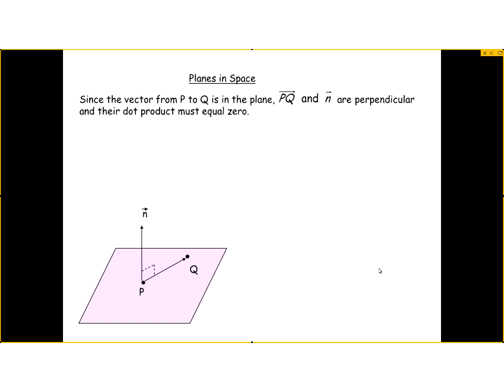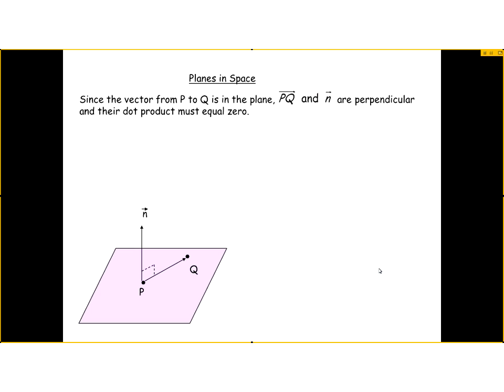Since the vector from P to Q is in the plane, PQ and N are perpendicular, and their dot product must be equal to 0. Why must it be equal to 0? Because we know the dot product involves cos theta, and cos 90 is 0.